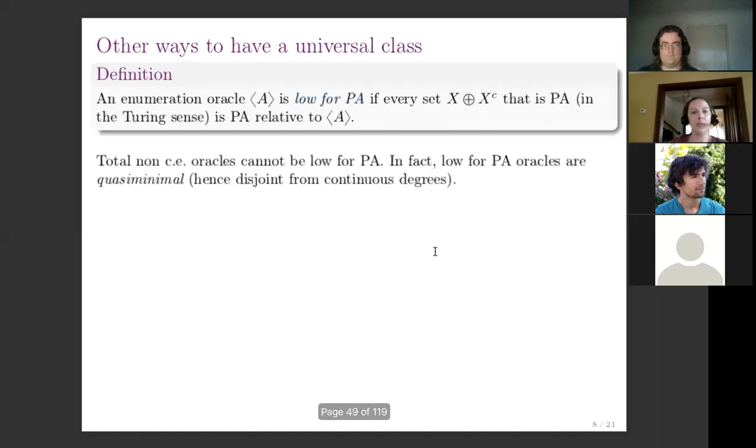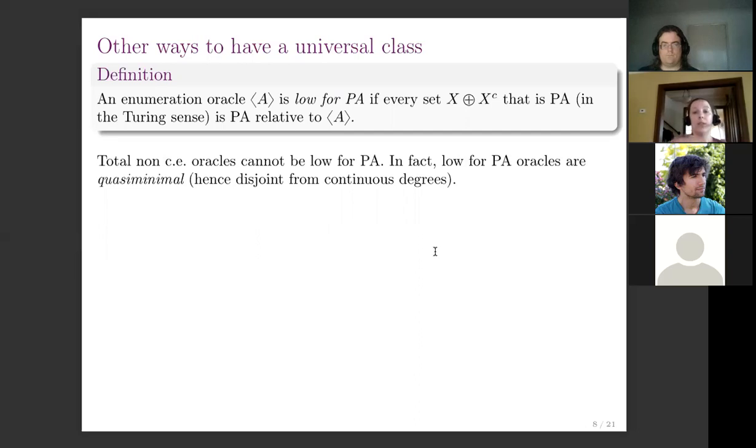Okay, so first of all, let me point out that total oracles can't be low for PA. In fact, they can't even bound any non-zero total degree. Because if A is low for PA and it bounds a total degree X join X complement, then just singleton X is a Pi-0-1 class.